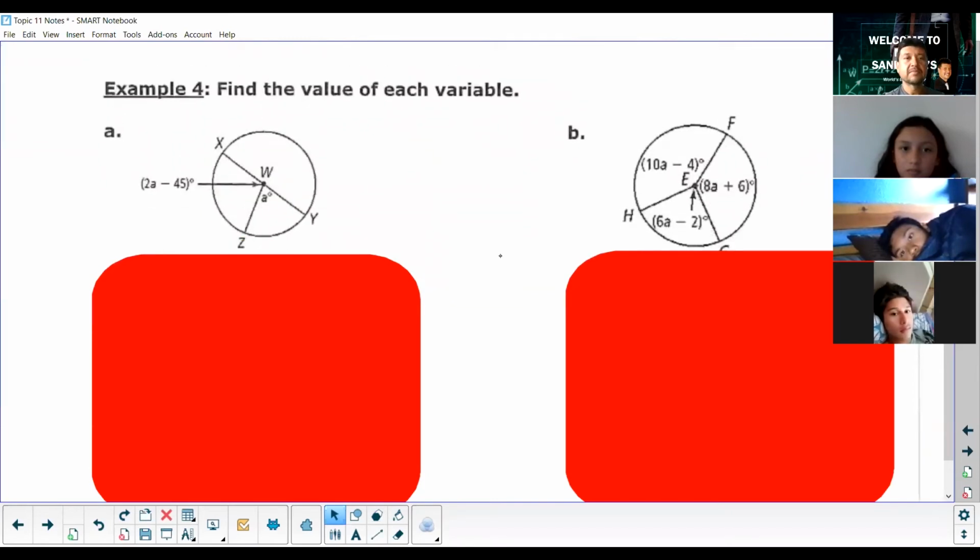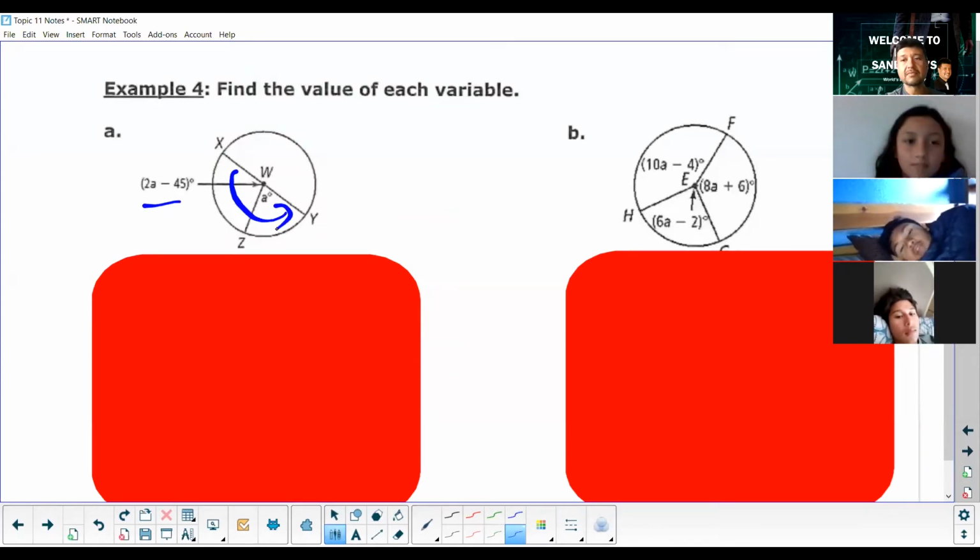All right, so now you see how they want you to find the variable of each one, okay? One thing that you're going to have to do is notice how this right here is pointing to this part right here. Notice how much is the measurement of all that? 180, right? So you could create an algebra equation setting both of those equal to each other.